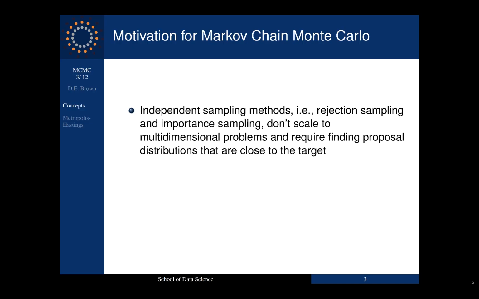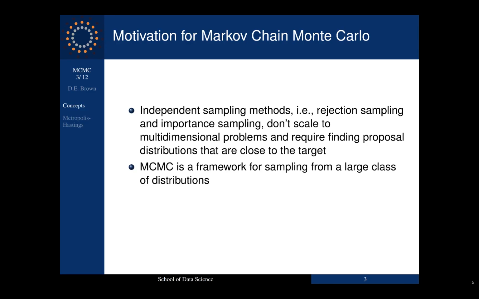So the reason we use Markov chain Monte Carlo is that these independent sampling methods, like the rejection sampling that we talked about the last time, and other methods like importance sampling, don't scale to multidimensional problems. And this means they're really not well suited to problems in the real world. They also require finding proposal distributions that are close to the target. And this is very hard to do, as we noted in our last class. So for those reasons, we use Markov chain Monte Carlo.